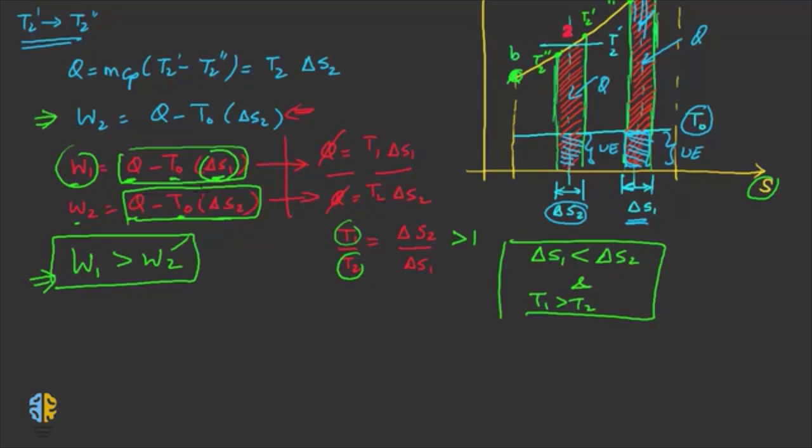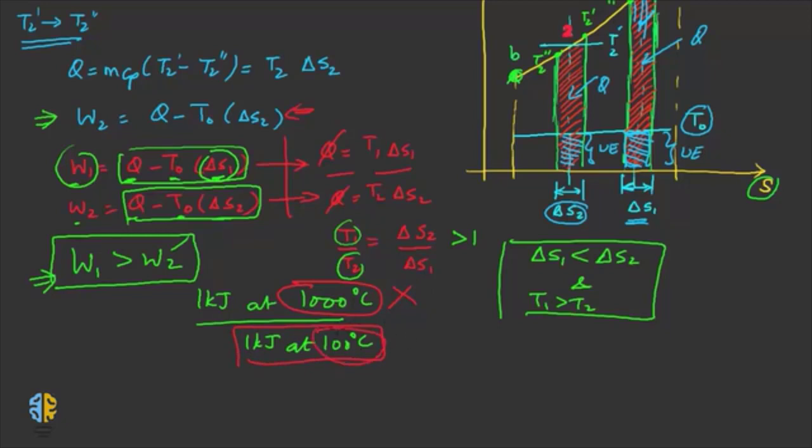So for example, if I say that a heat loss of 1 kilojoule at, let us say, 1000 degrees Celsius is more harmful than the same heat loss of again 1 kilojoule at 100 degrees Celsius. So losing heat at 1000 degrees Celsius is very harmful as compared to losing the same heat at a much less temperature. So this means adequate insulation must be provided for high temperature fluids to prevent the heat loss.